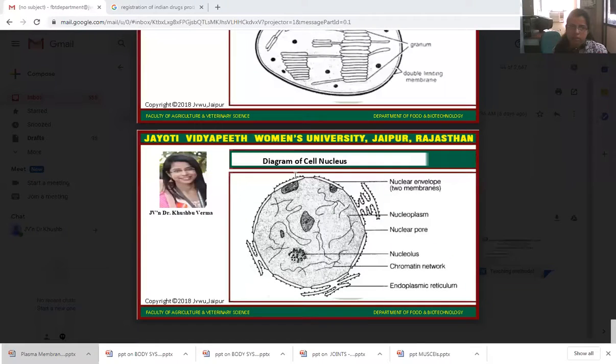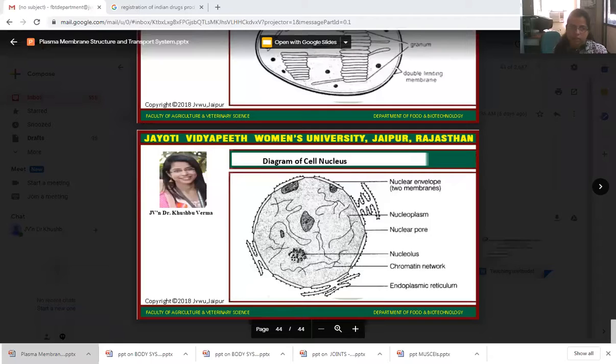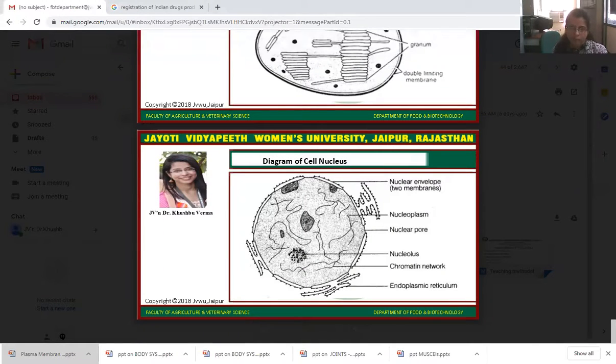If we talk about the diagrammatic structure, we can see here the diagram of the cell nucleus, where this is the nuclear envelope with two membranes, and the fluid which fills the nucleus is known as nucleoplasm.